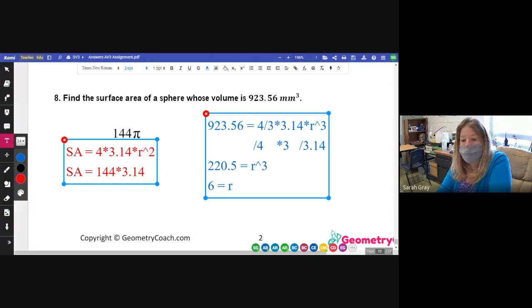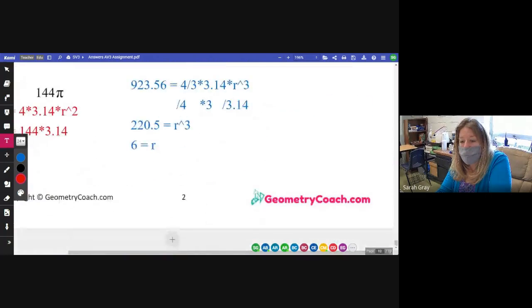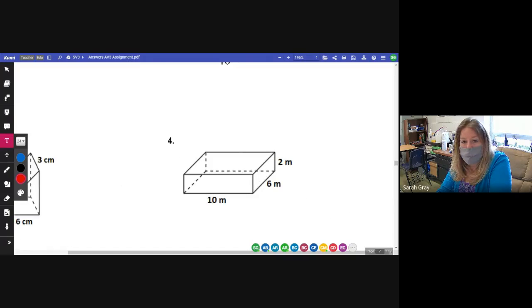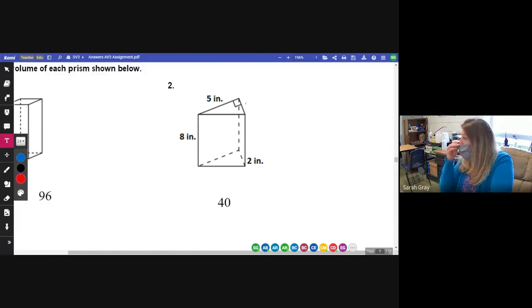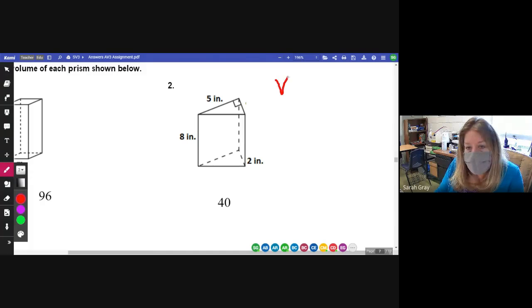Number 2 on page 7. Okay, find the volume. So it's a prism. Volume is just area of the base times the height. I'm finding the area of this triangle.